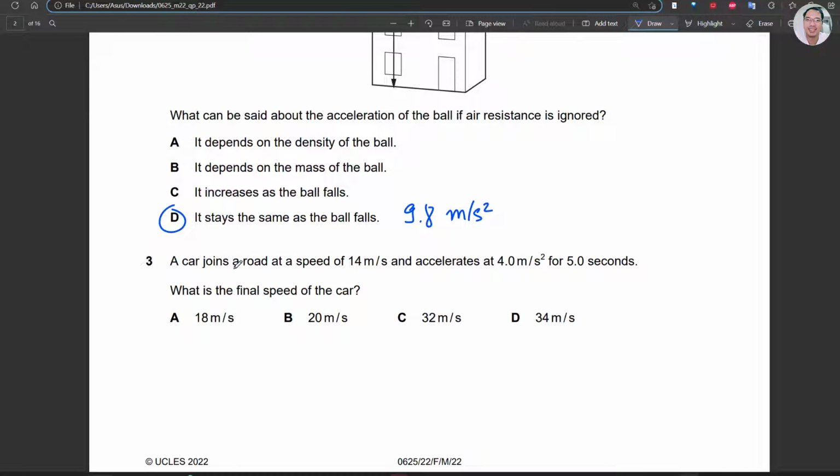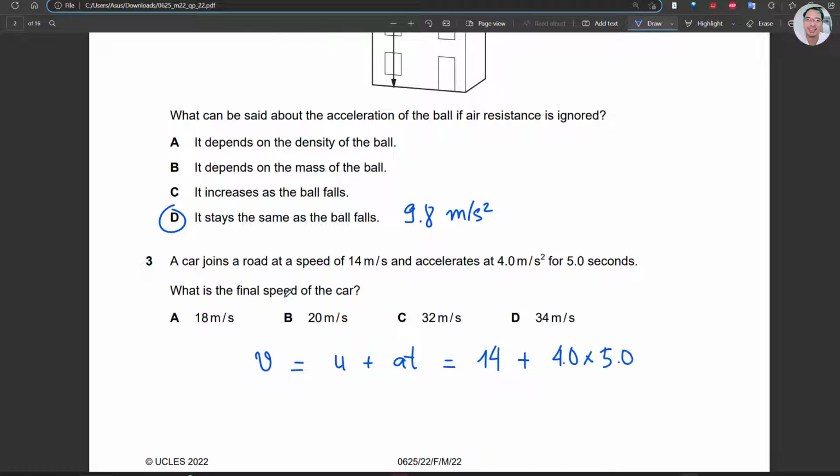A car joins a road at a speed of 14 meters per second and accelerates at 4 meters per second squared for 5 seconds. What is the final speed of the car? Okay, V equals U plus AT. U, the initial speed, is 14. Acceleration is 4 and time is 5.